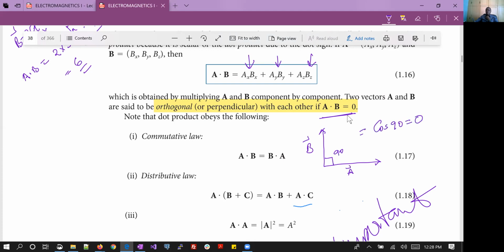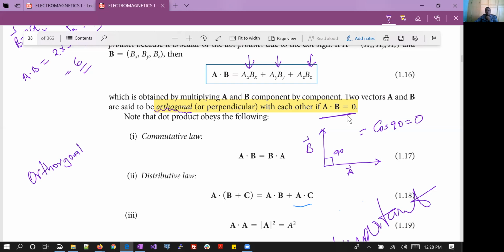That means these two vectors are said to be orthogonal. This is a very important term. You should write it somewhere because you find a lot of its use in engineering. Sometimes you hear it's orthogonal and you don't know what orthogonal means, and it means exactly that.